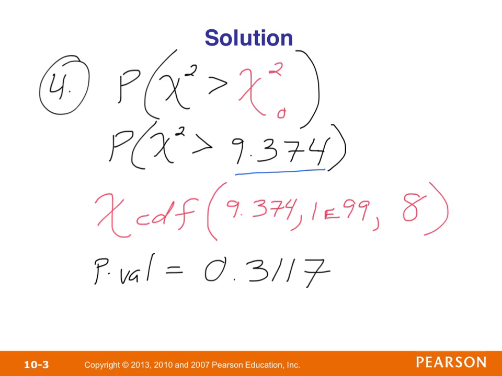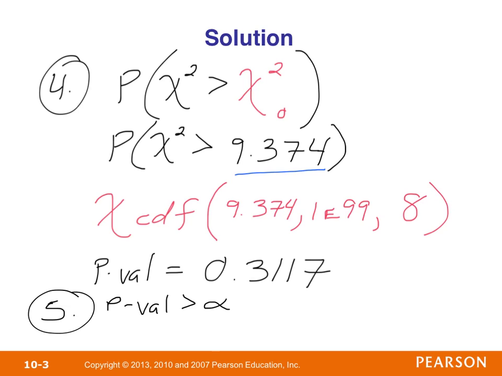So now that I have a p-value, I can make my decision, right? So my p-value is significantly greater than alpha. That means that my particular data set was not that rare, assuming that the population standard deviation actually is the proper 3.2 milliliters.